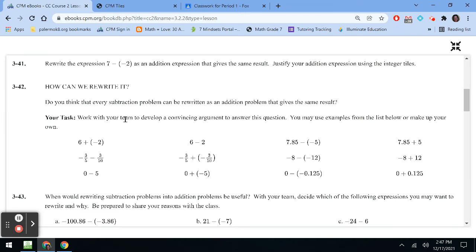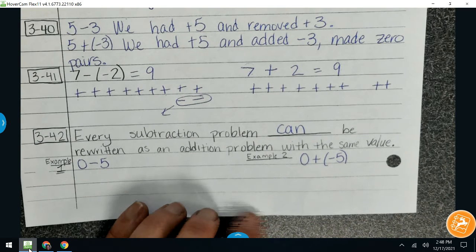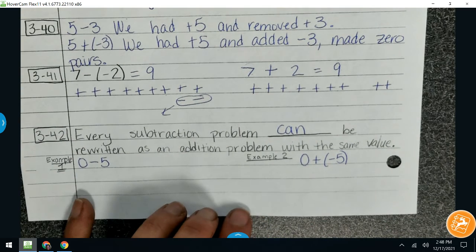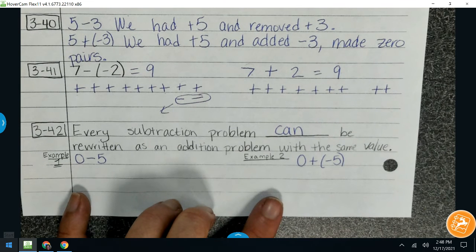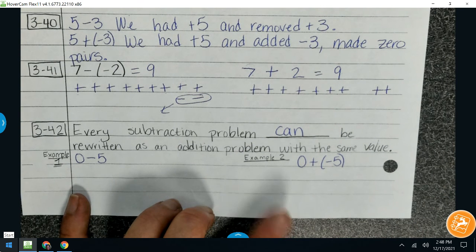We're supposed to develop a convincing argument. So if I was going to argue that they're the same value, I'm either going to use a diagram or words. In this case with these, I'm going to use integer tiles. I could use a number line as well, but I'm going to show why these two have the same value.